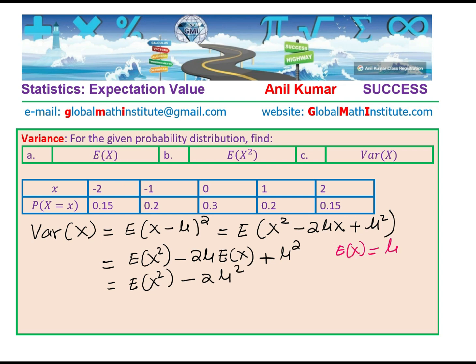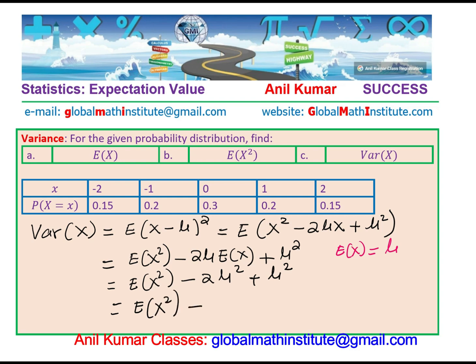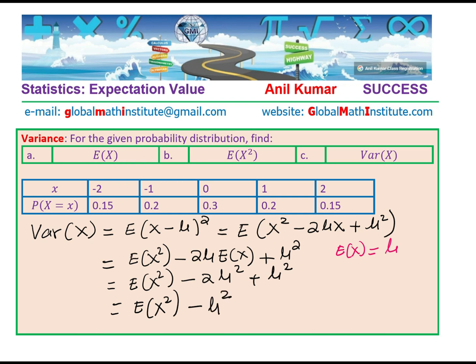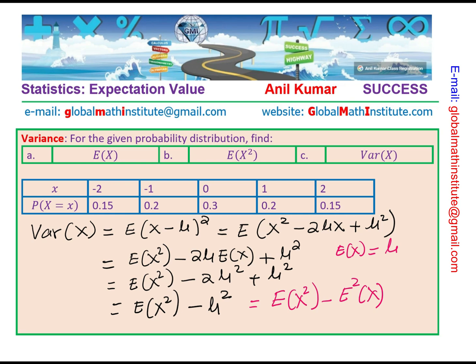Perfect. Plus mu square. And that gives you the relation which we are looking for, which is minus mu square. You get the whole idea. So basically, variance, as we can see, is equal to E of x squared minus E square of x, correct? Perfect. So that is the formula which relates the two. So I hope you have understood this part, right?